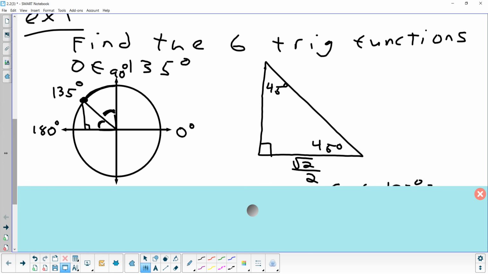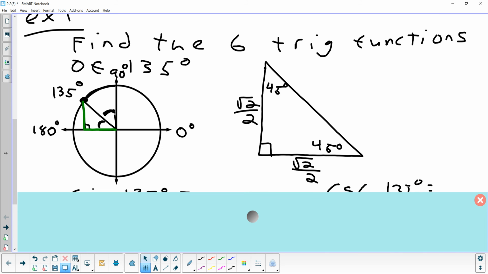And how about the height? The same. So those are the lengths of each side. Now, what we have to remember is this is in quadrant 2. So we're going left and then up. So anybody have a guess at what the coordinate for 135 is going to be?